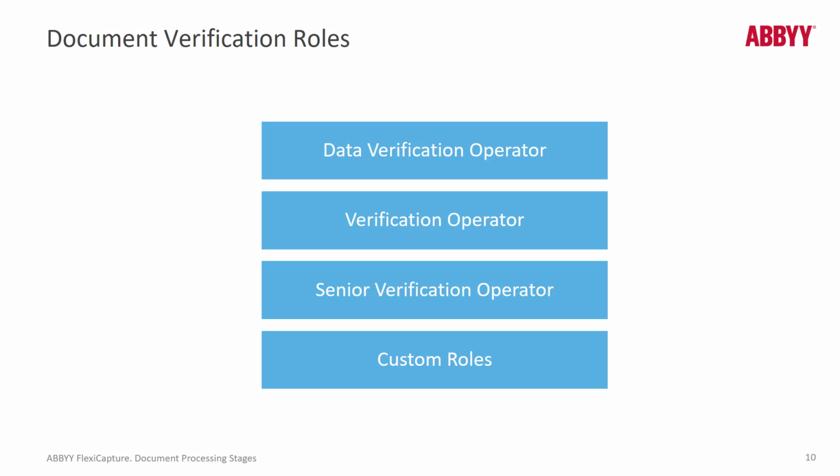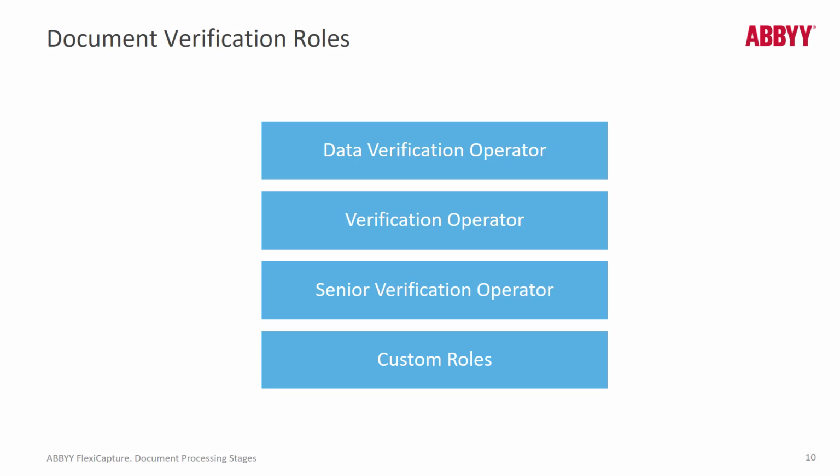We have different roles. So a data verification operator role will do the adjudication of low confidence characters and some minor rule checking, whereas a verification operator has more power and can check all sorts of rules. A senior verification operator has the ability to actually kind of cherry pick, go through and hand select which documents they want to process first, whereas a verification operator doesn't have that power.